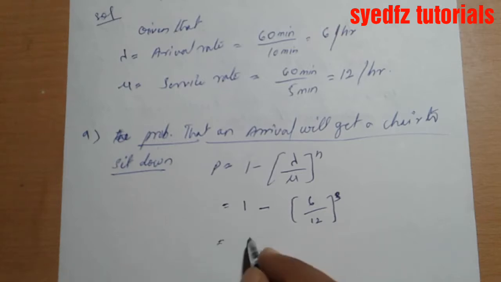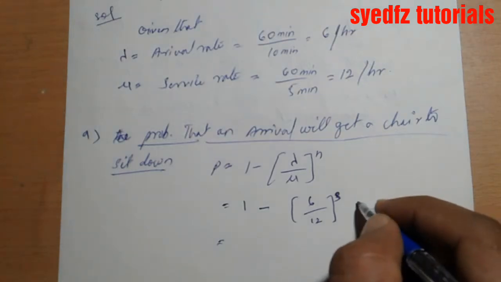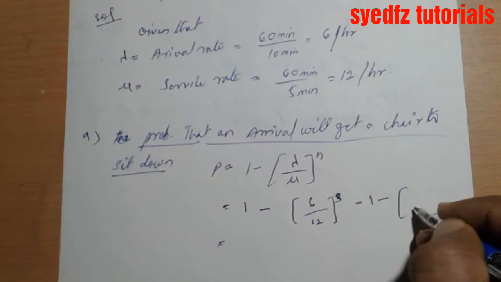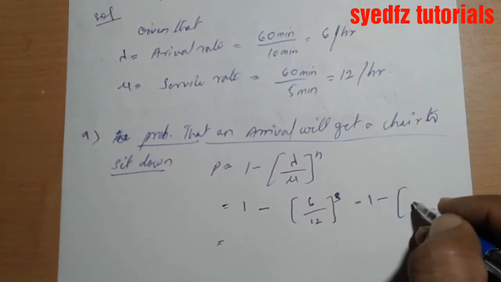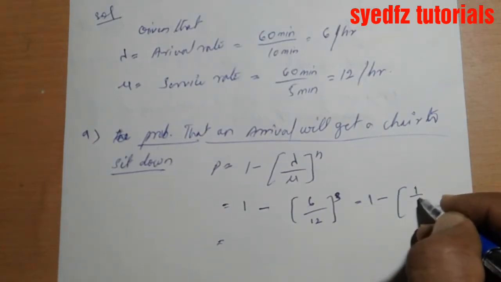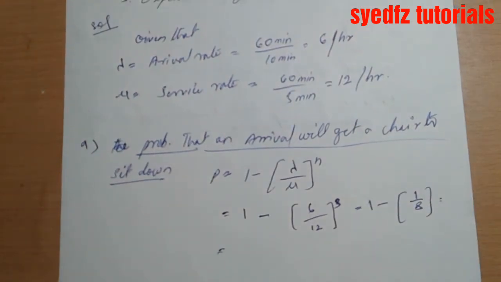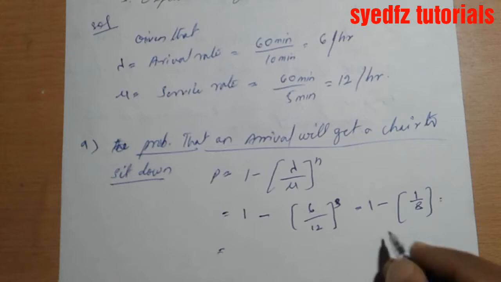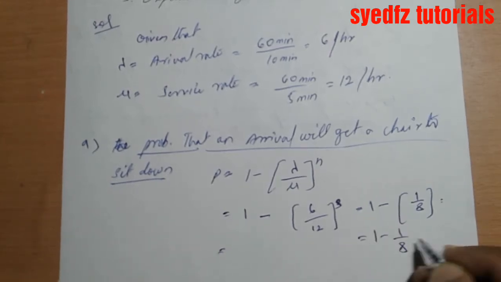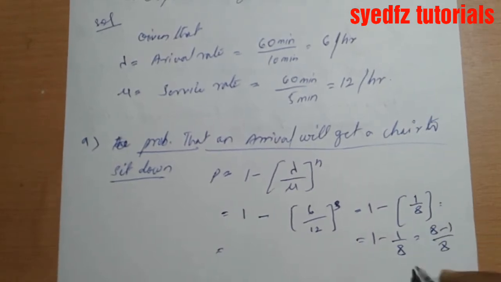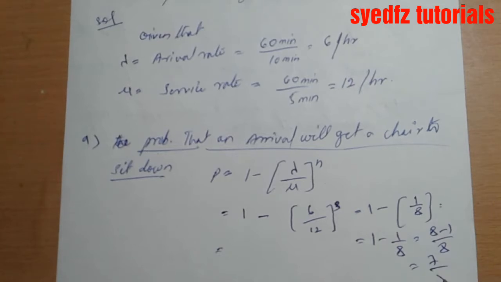Okay, so what is the formula? 1 minus 1 divided by 8. If you take the LCM, 1 minus 1 divided by 8 is 8 minus 1 divided by 8, which means 7 divided by 8.